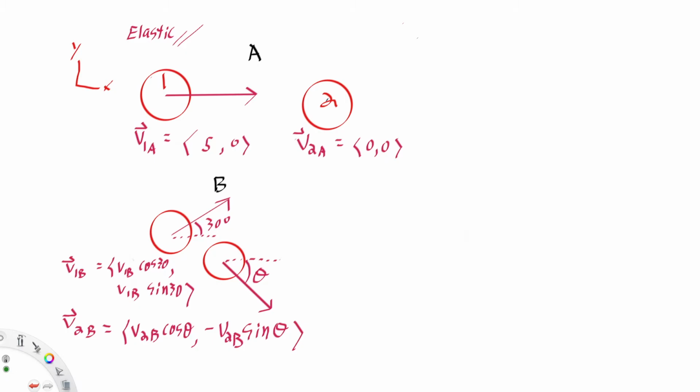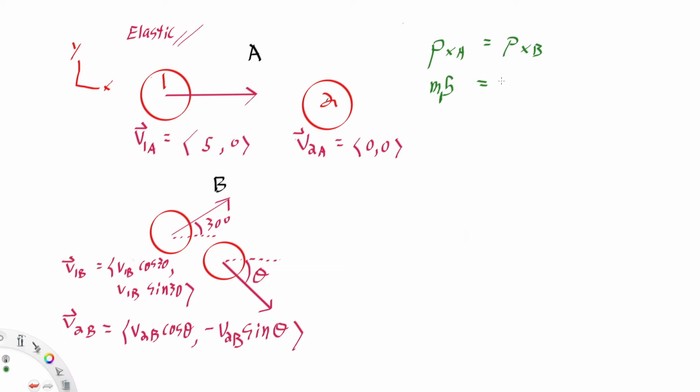So if we take a look at the momentum in the x direction, we get mass of 1 times 5, and that's the only momentum before the collision.